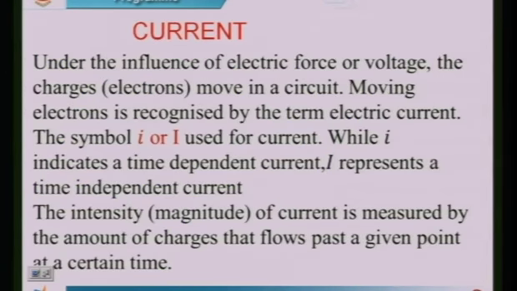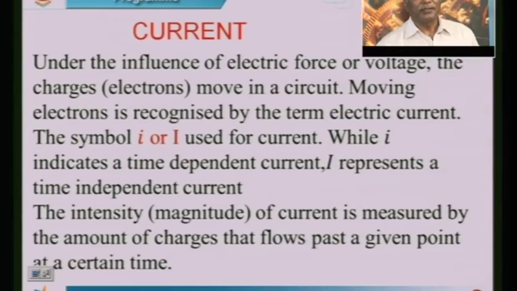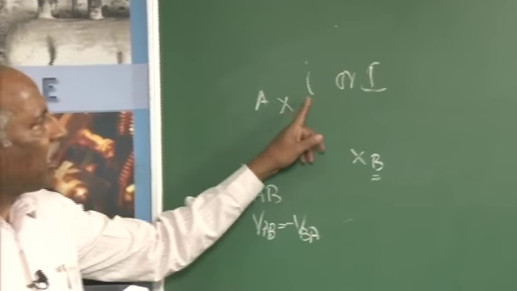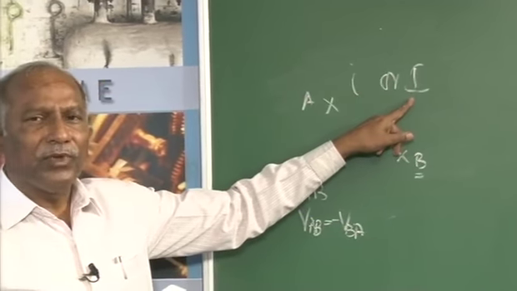When it comes to current, under the influence of electric force or the voltage, the charges move in the circuit. Moving electrons is recognized by the term electric current, as you are aware. The symbol i, small i or capital I is used, while small i is time variant, capital I is time invariant.